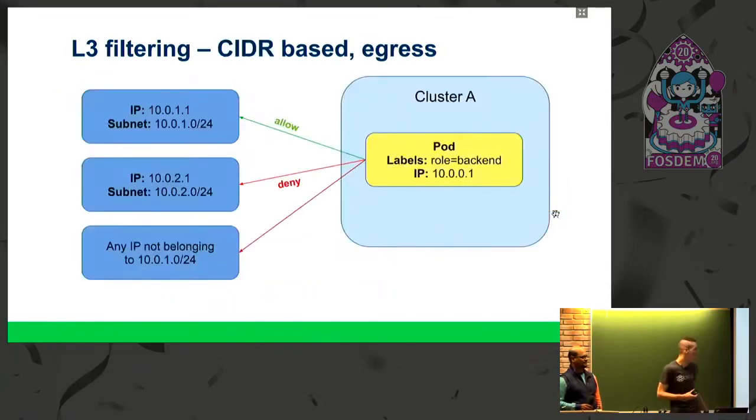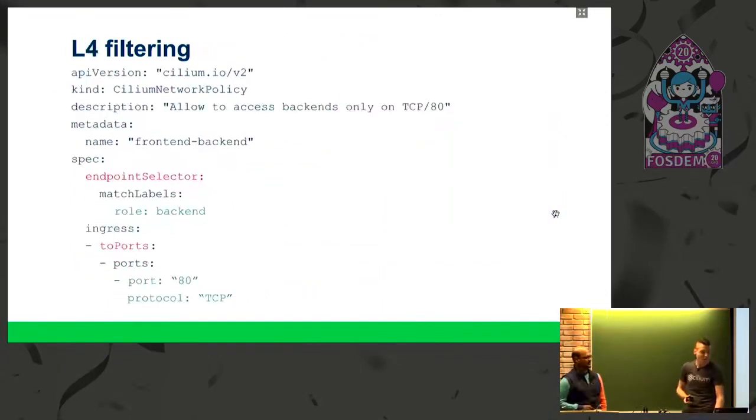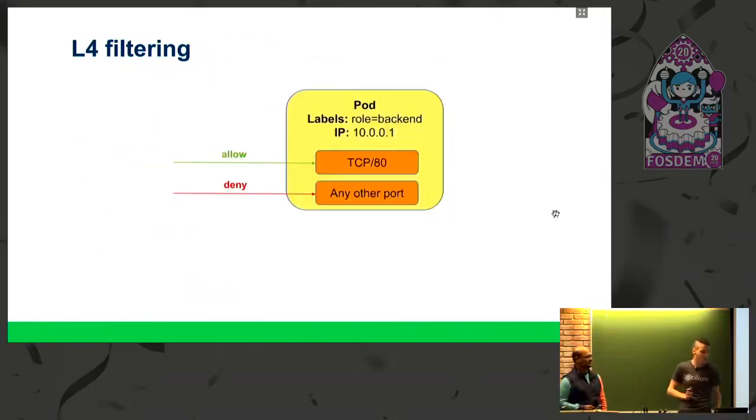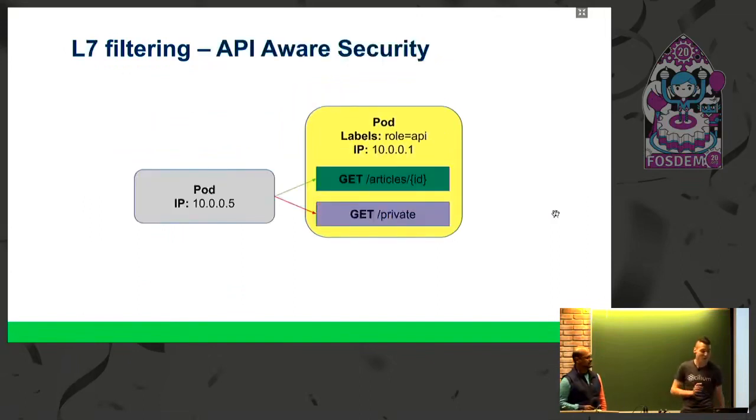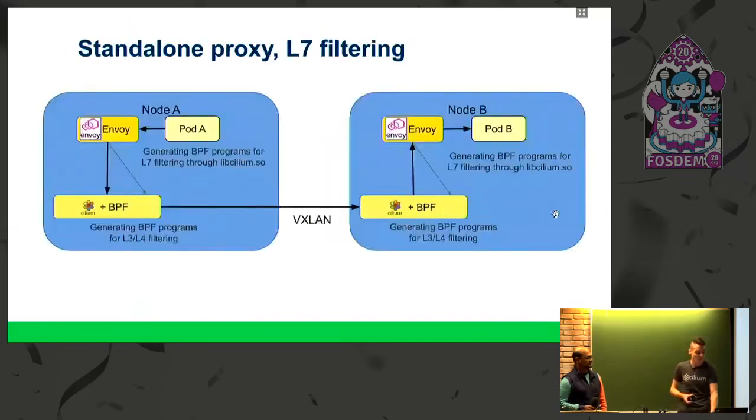There are also examples of egress filtering, where you restrict the pod from connecting to the outside world. You also have filtering for allowing only particular ports to connect in, and layer 7 filtering, which also takes care of HTTP protocols or HTTP endpoints you can connect to.